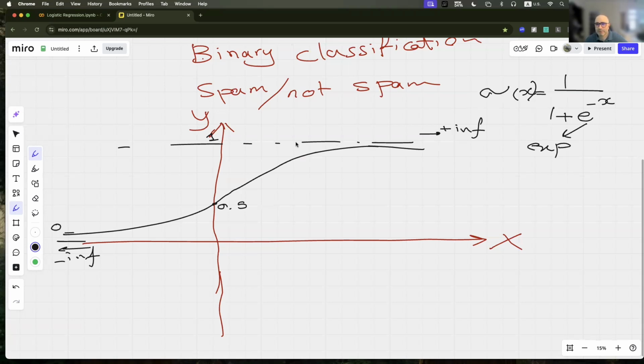The reason they use this sigmoid function is that the range of this function is between 0 and 1, and that works fine for us when we are dealing with probability. Okay, so how do we use that for binary classification?